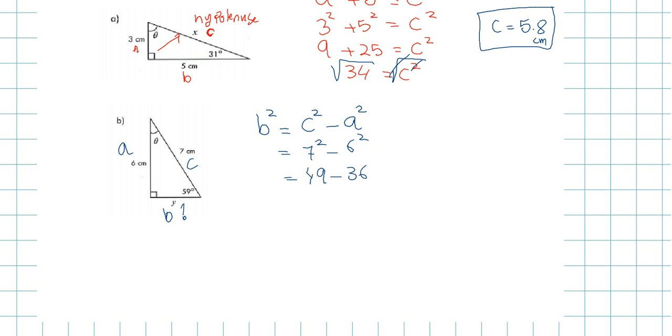So B squared equals 13. Am I done? What do I have to do to find B? Square root. So B equals, what's square root of 13 to one decimal place? What's after the 6? Perfect.